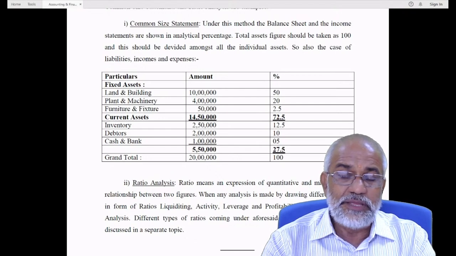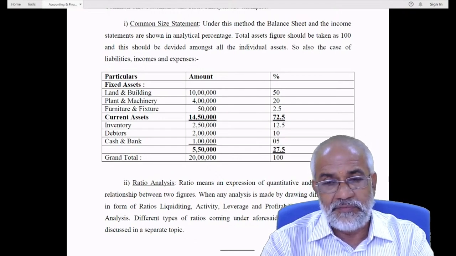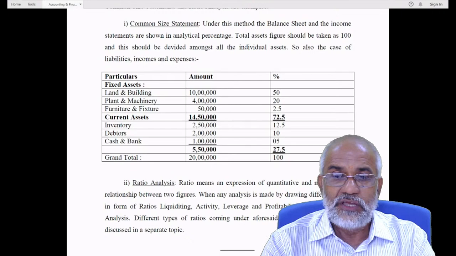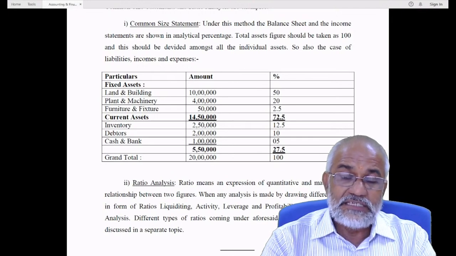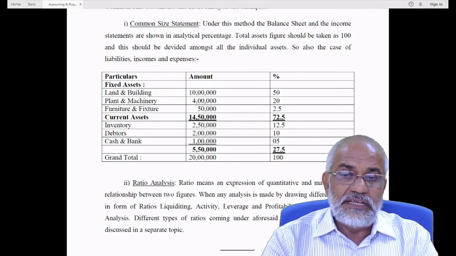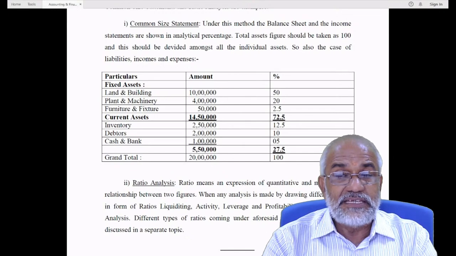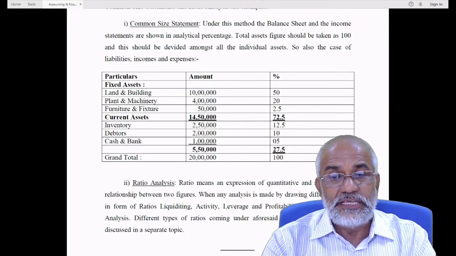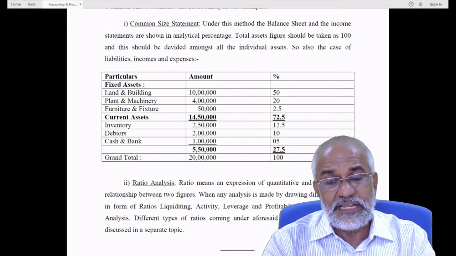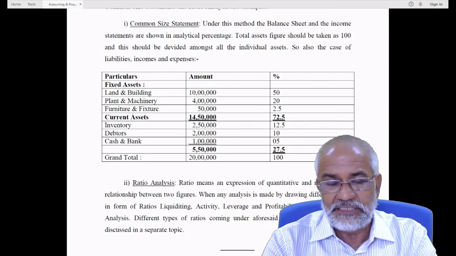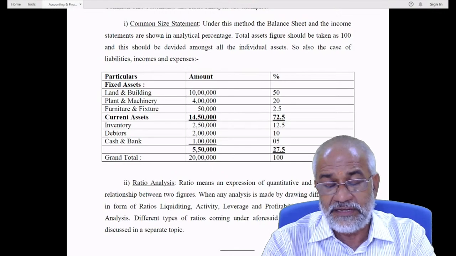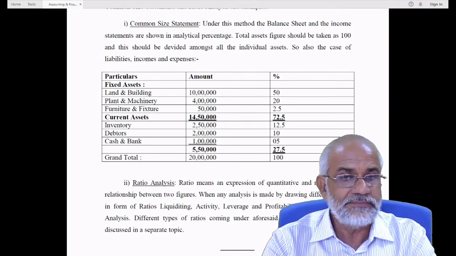Each ratio under the profitability category has one equation. By using the equation and taking the data from the financial statements, we can compute each category of ratios, but that has to be discussed in the next phase, because all these things require an elaborate discussion.